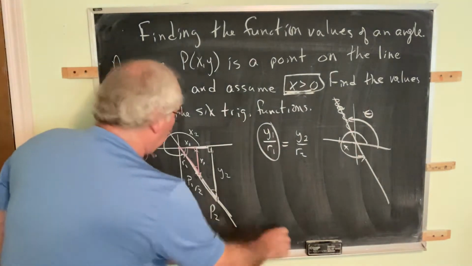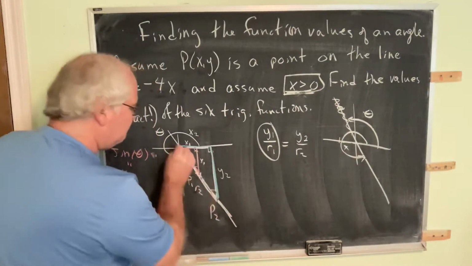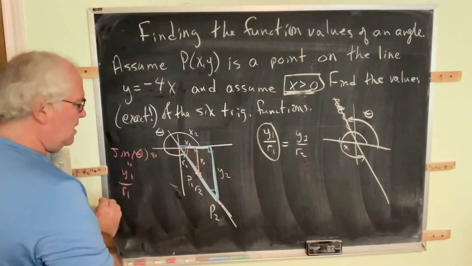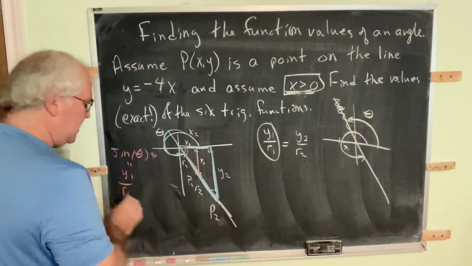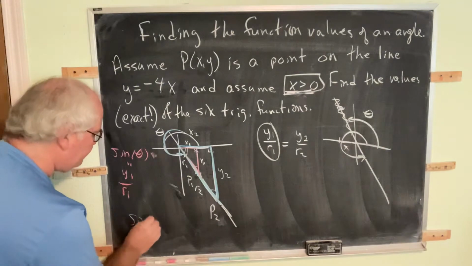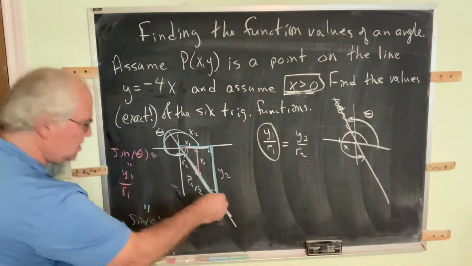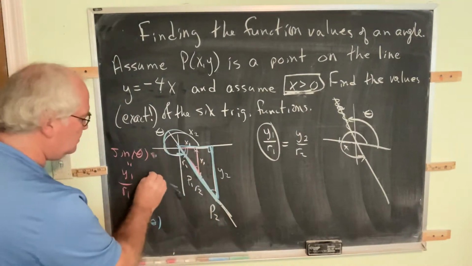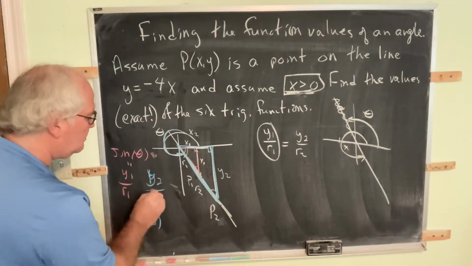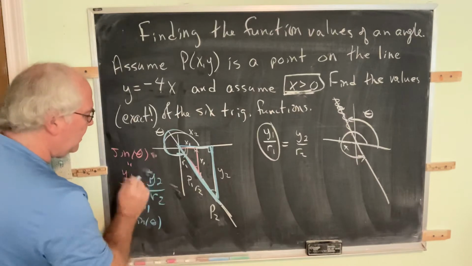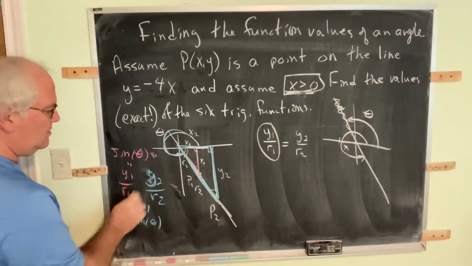But in the large outside blue triangle, that is also the same theta. So we know sine of theta is also equal to y2 over r2.